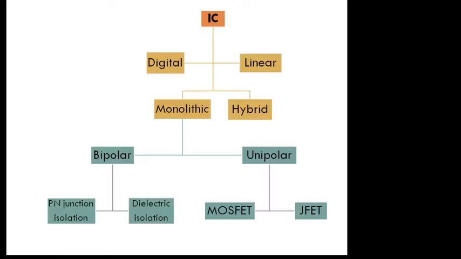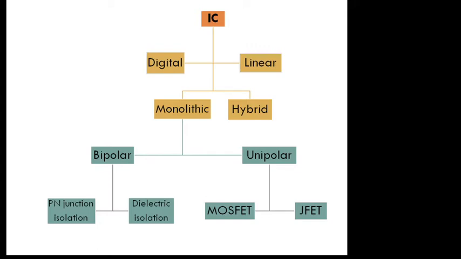The first chapter of the book is what we will be focusing on. If you look at the tree diagram of an IC, that is an integrated circuit, then we may have the idea that in principle the IC is split into two categories. One category of IC is digital and the other is linear.